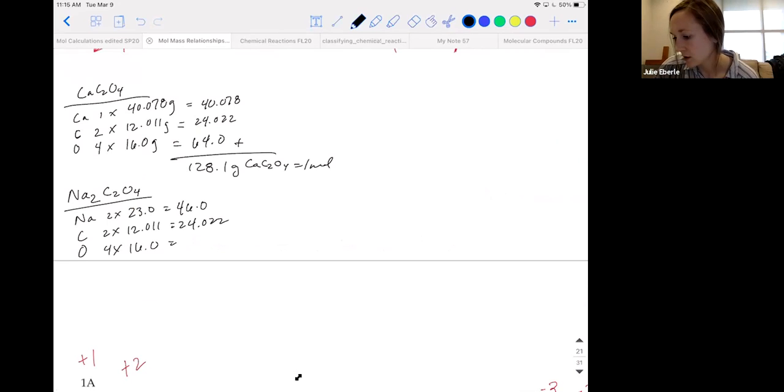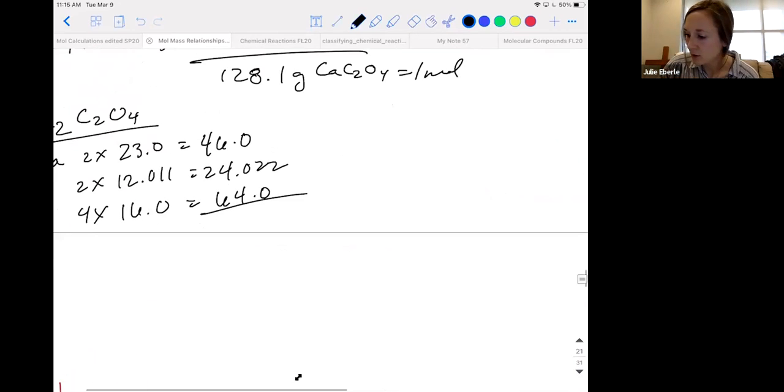Okay, so it should kind of work out like this. And then what is it for Gliana? Got 134. No decimals, 134 exactly.